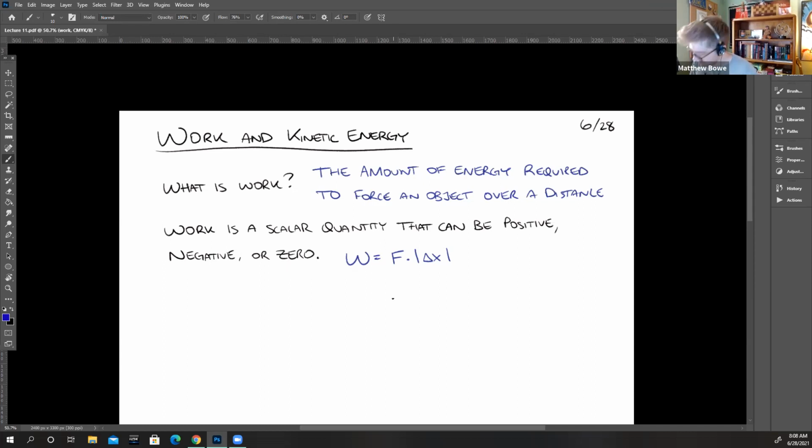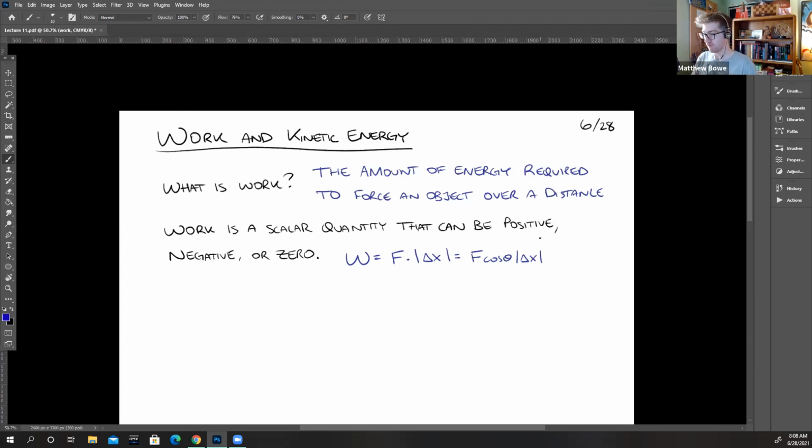What I want to emphasize, though, is that work is specifically force times whichever direction the distance is being moved. What do I mean? If something is being forced at an angle, I can ask, what is the work amounted to if I'm pushing something up a ramp?